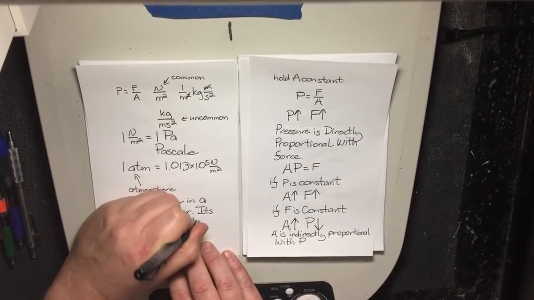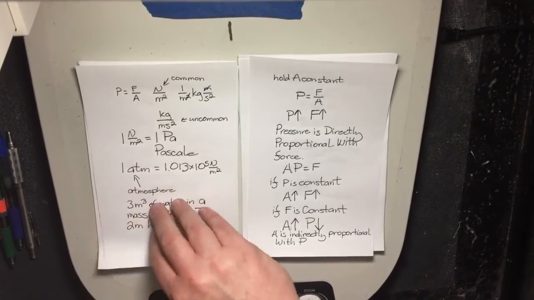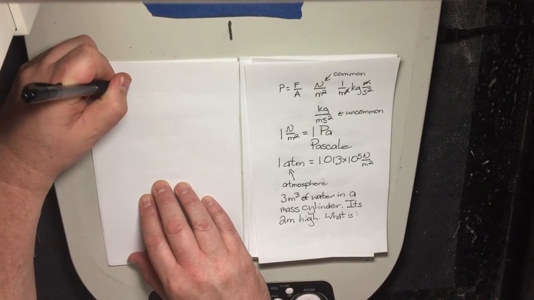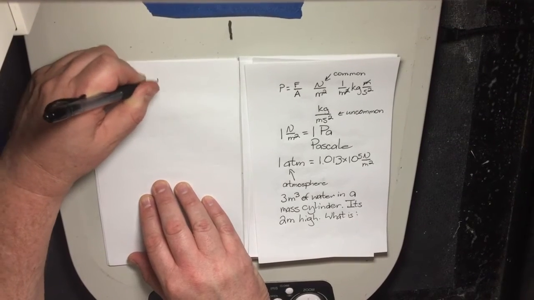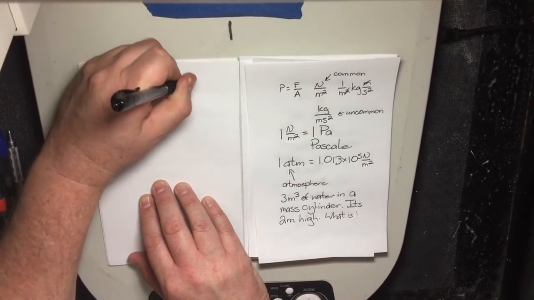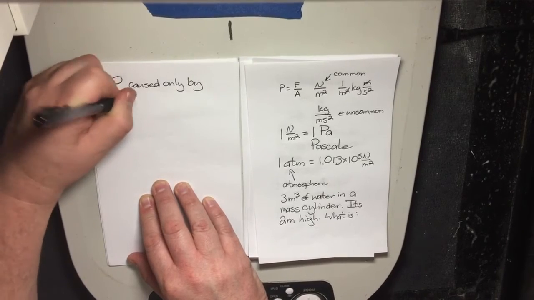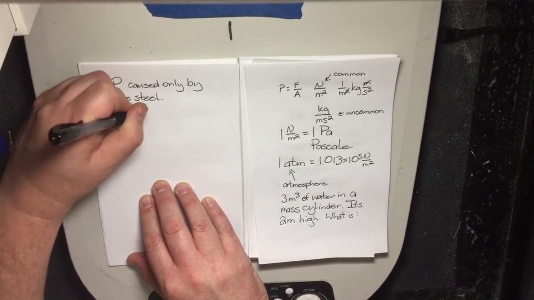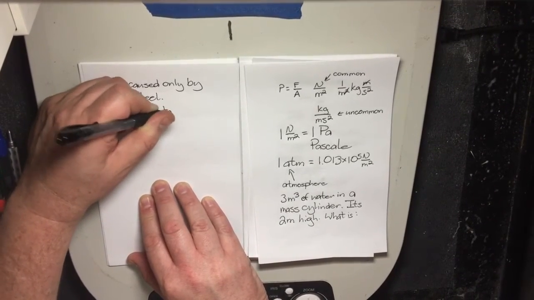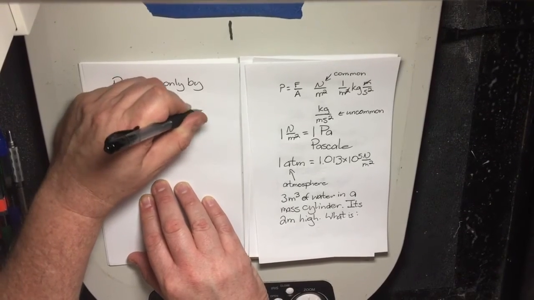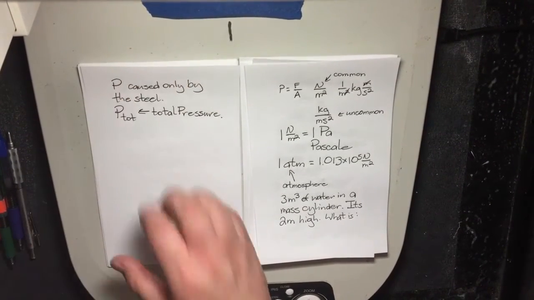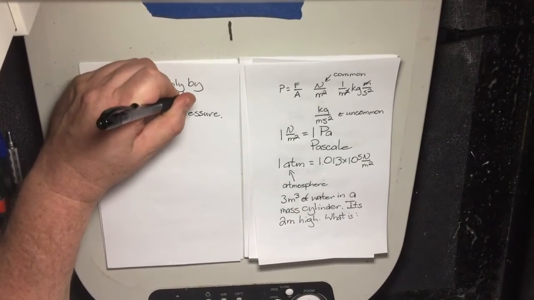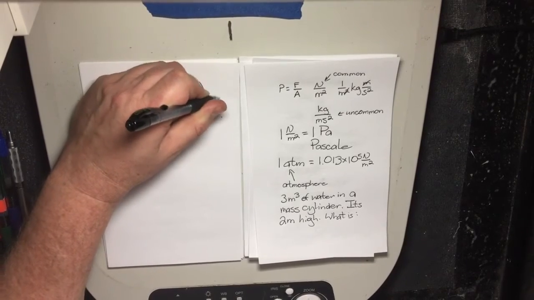What is the pressure caused only by the steel? And what is the total pressure? This is the pressure on the floor.